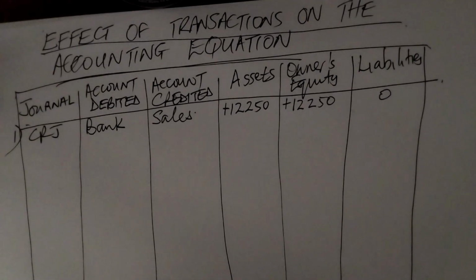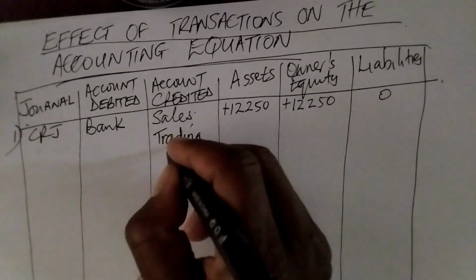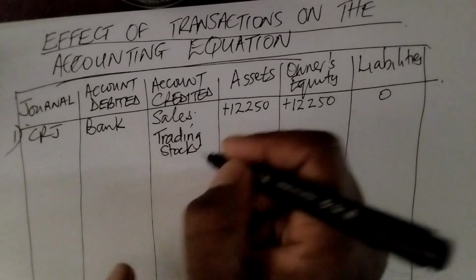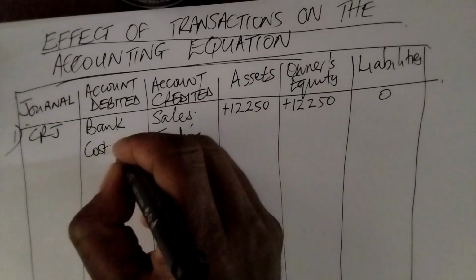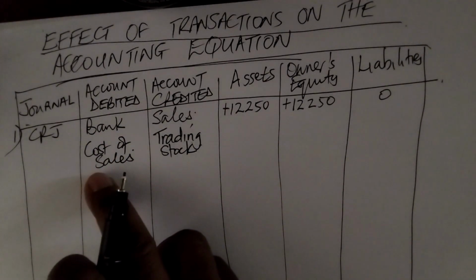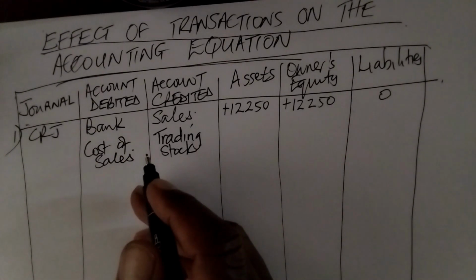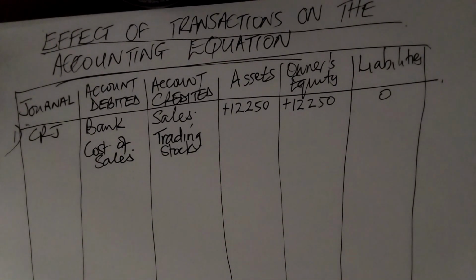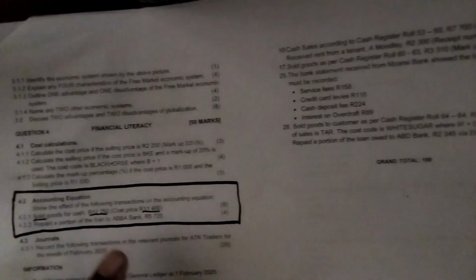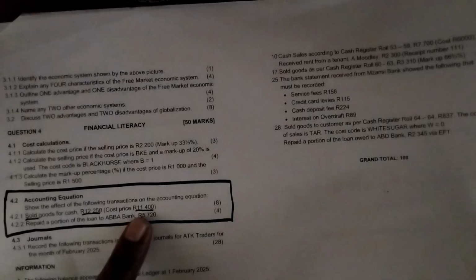So when I sell, the stock must decrease, and assets decrease on the credit side, which means in that case, this side, that's where I have trading stock. Automatically, it means my cost of sales is on the debit side. Now, cost of sales is treated as an expense, and when expenses increase, they increase on the debit side, but they reduce owner's equity, and in this case it's 11,400.